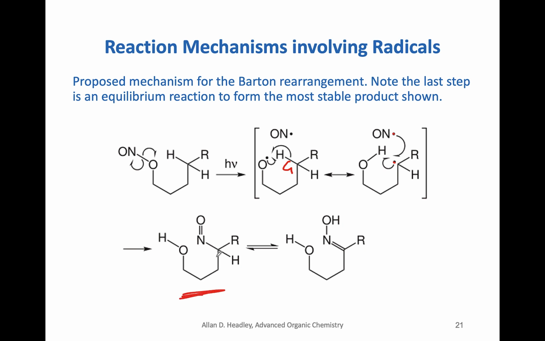So that's essentially the product, but it's not very stable. There's an equilibrium here, much like the tautomeric equilibrium, where we have the hydrogen here. These electrons come in and these go out, so the hydrogen is transferred over to here and forms the more stable nitrogen-carbon double bond. So that's the Barton rearrangement.